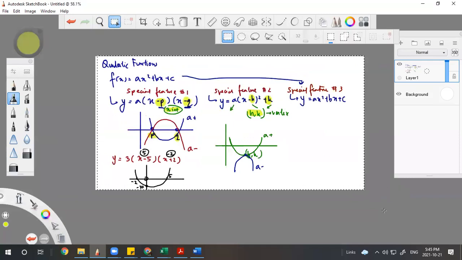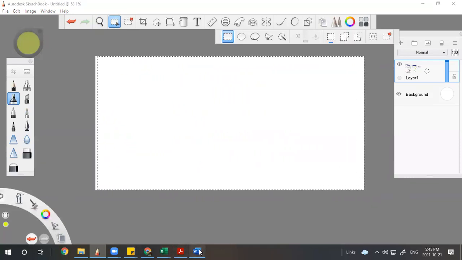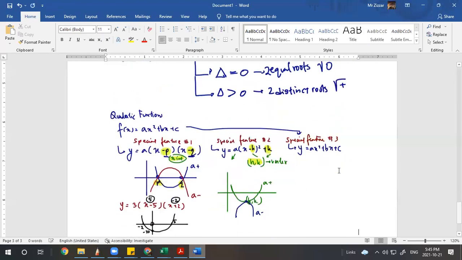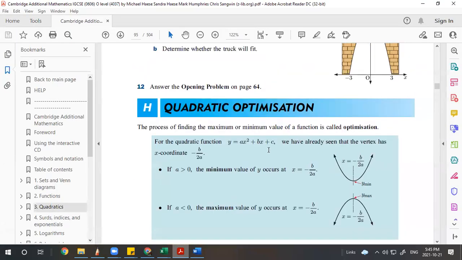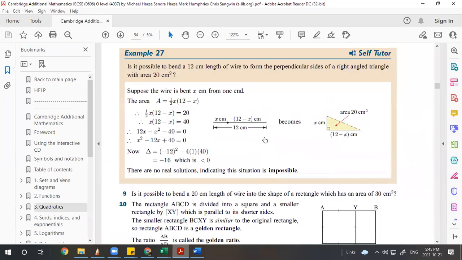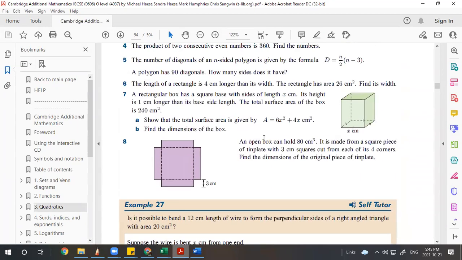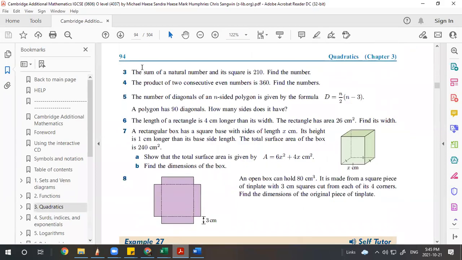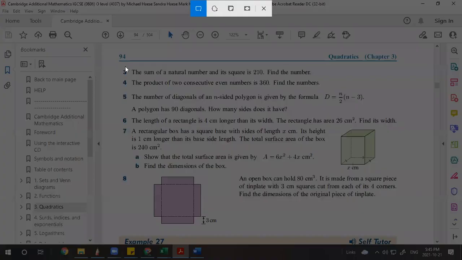Now let's see the word problems. Let's start from number 3.